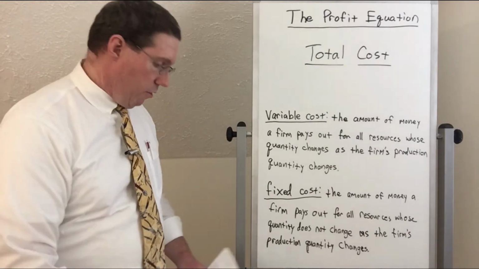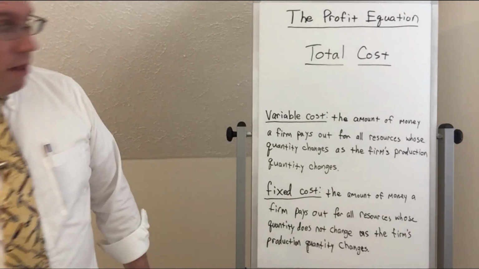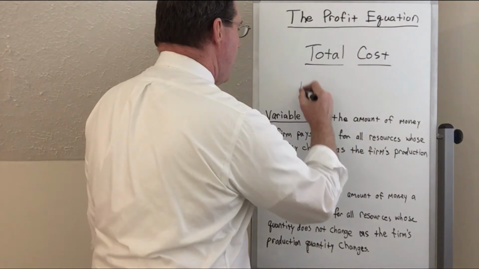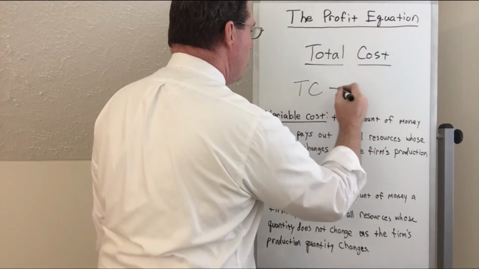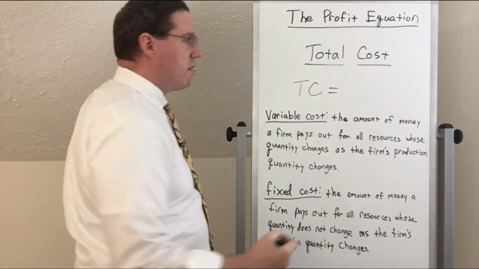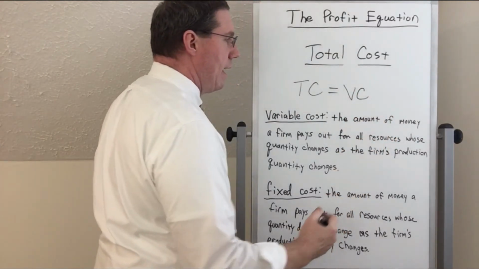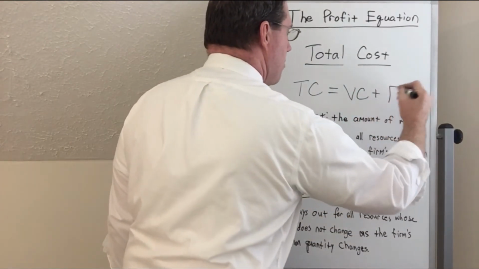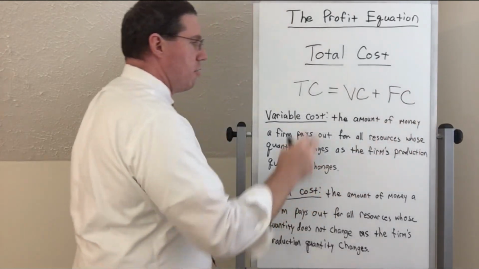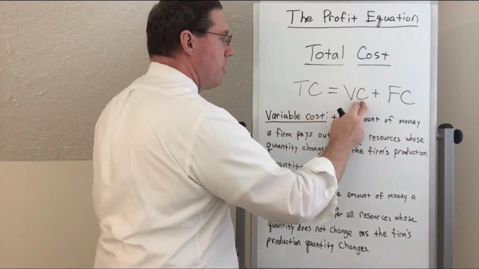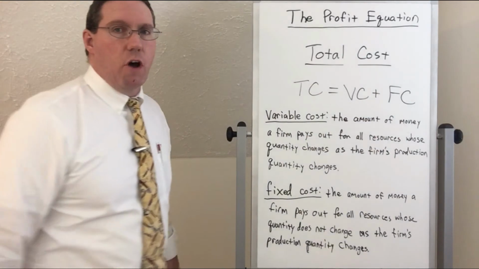And so now the relationship among these variables goes like this: in order to identify the total cost of the business, it's very simple. You just take the variable cost that the business is paying out and add it to the fixed cost that they're paying out. And so total cost is equal to variable cost plus fixed cost.